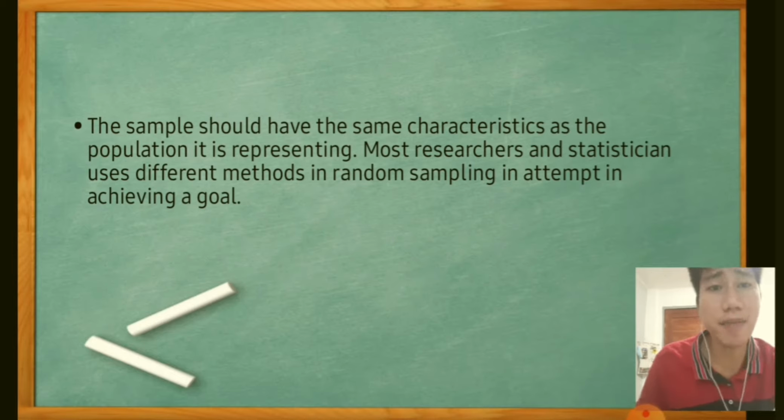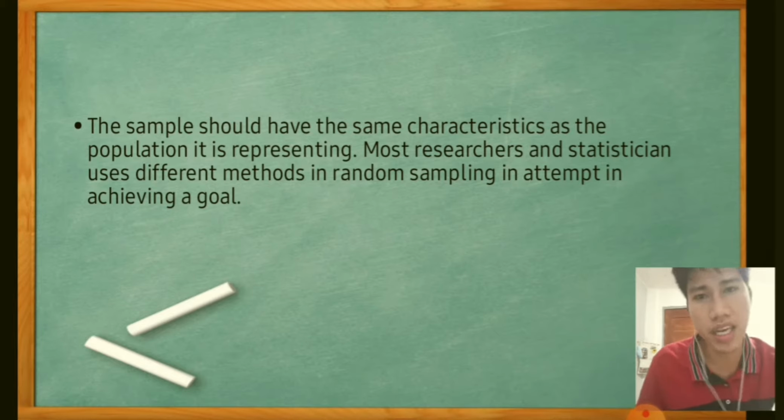The sample should have the same characteristics as the population it is representing. That is why most researchers and statisticians use different methods of random sampling in an attempt to achieve their goal.